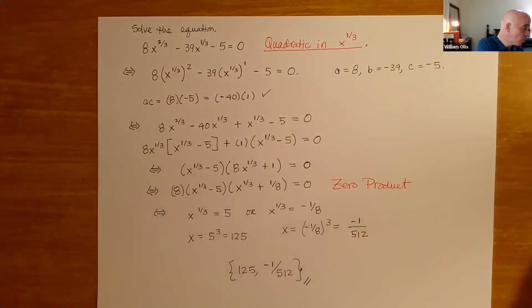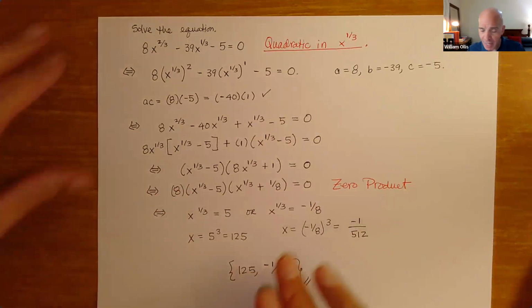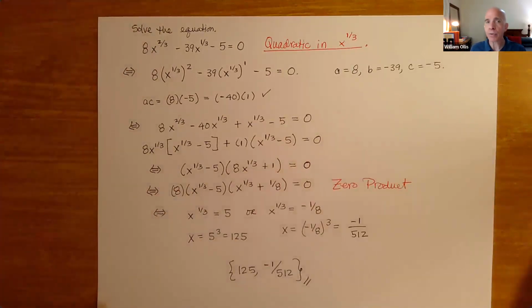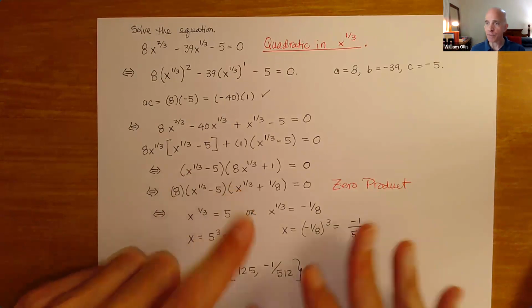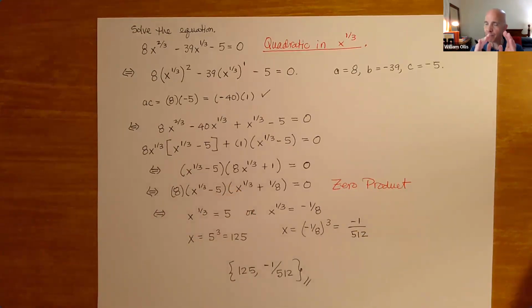Now, what we want to do, and again, as you have other forms that are quadratic, just factor everything and keep that new term present, just like here, our new term is x to the 1/3 or x squared. Or if you have a fraction, just maintain that fraction, zero product, and solve it. So there's no issue in difficulty.